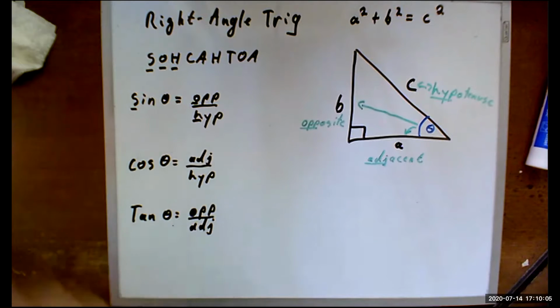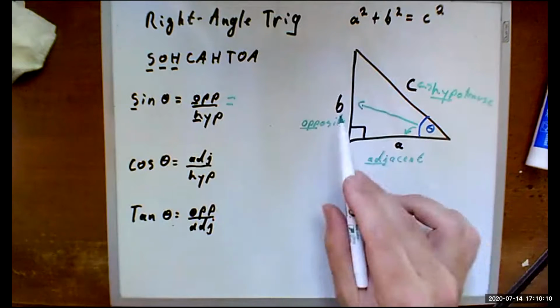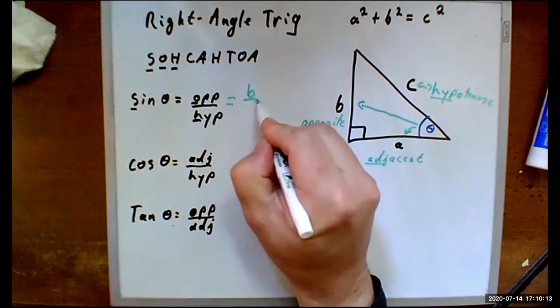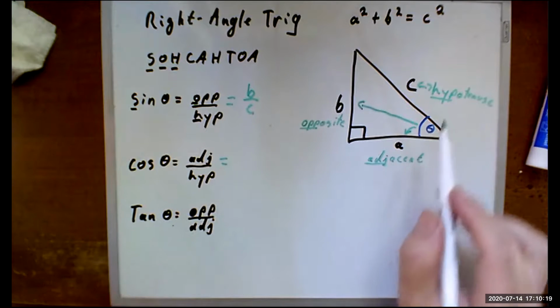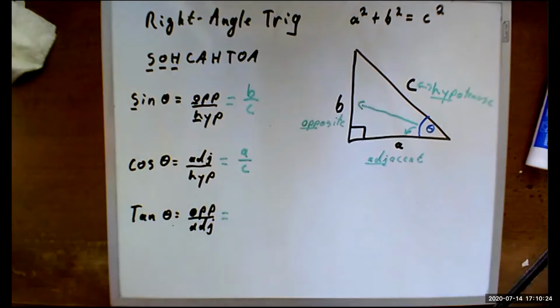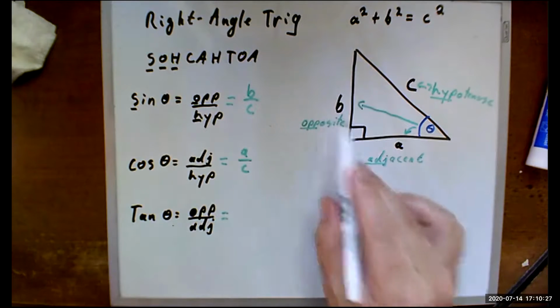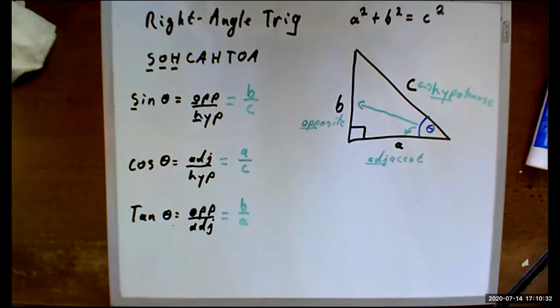So when we're looking at it in this case, opposite over hypotenuse is going to be whatever the length of B is over the length of C. For the cosine of theta, it's going to be the adjacent over the hypotenuse, so that would be A over C. And then for tangent, it's going to be the opposite over the adjacent, so that would be B over A. And whatever those numbers turn out to be, that's what the function is.